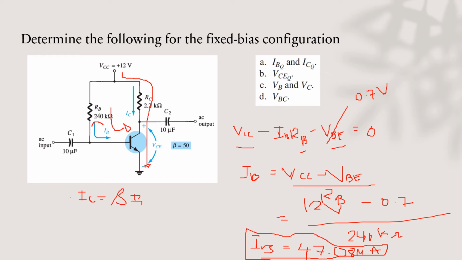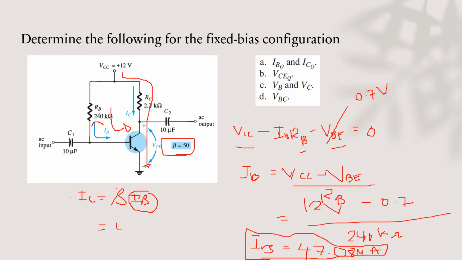Because we already have the value for beta, which is given, and the value for IB, we can substitute the values.